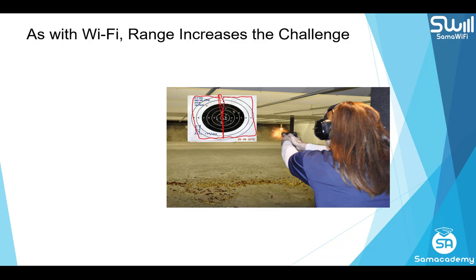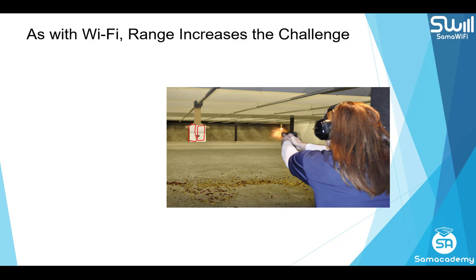We have this error vector magnitude. If we go far, we can still have some kind of precision because the error vector magnitude is larger.